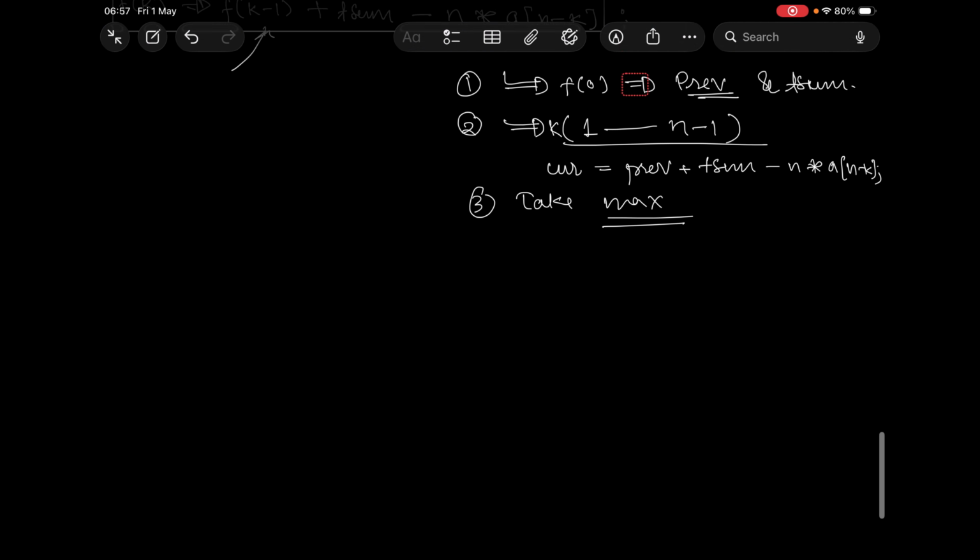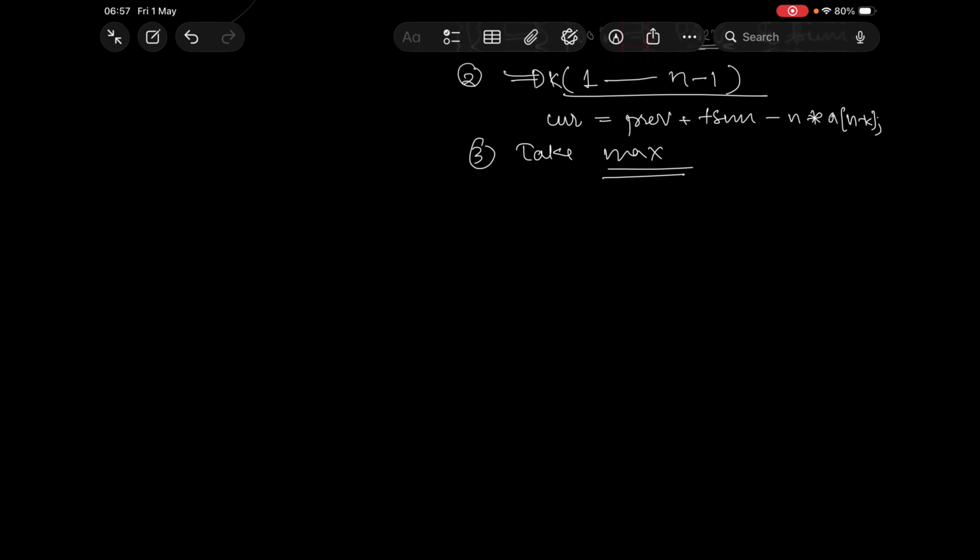Now let's write the code for this. I hope you understand the approach. It was nothing but a math derivation. Let's write the code for this approach. So we will need an integer value storing the nums size.